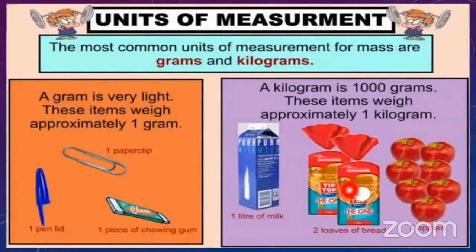The 2 loaves of bread weigh approximately 1 kilogram. And a liter of milk is near about 1 kilogram, isn't it? These are given for your understanding for your exam. Different things are measured in kilograms and grams.